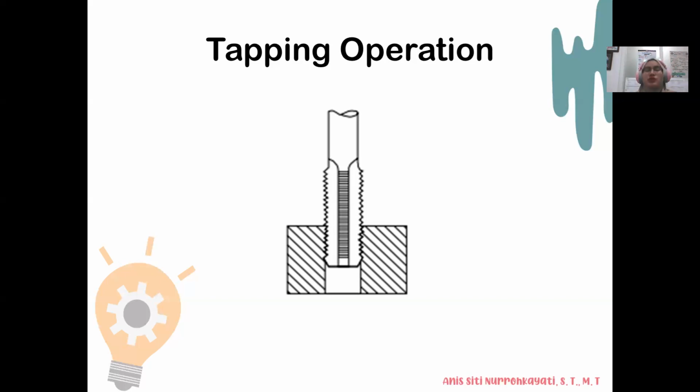If we use oil, it is much easier to tap a workpiece. The tap is not turned continuously, but after every half turn, it should be reversed cyclically to clear the threads.